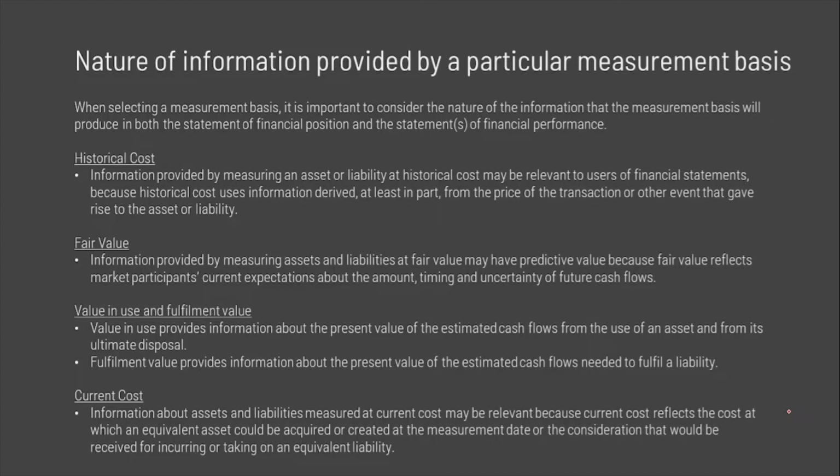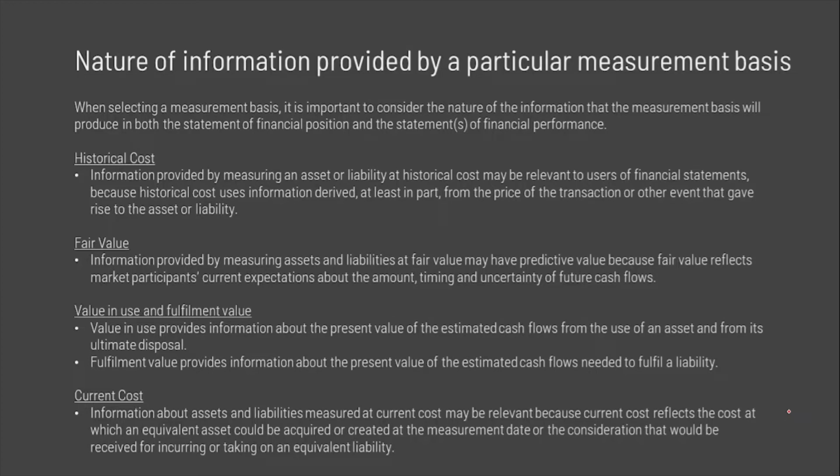For example, measuring an asset at historical cost may result in the subsequent recognition of depreciation or impairment, whereas measuring the asset at fair value would result in the subsequent recognition of gain or loss from changes in fair value. Measuring an asset at current cost may result in the recognition of holding gains and losses from price changes.